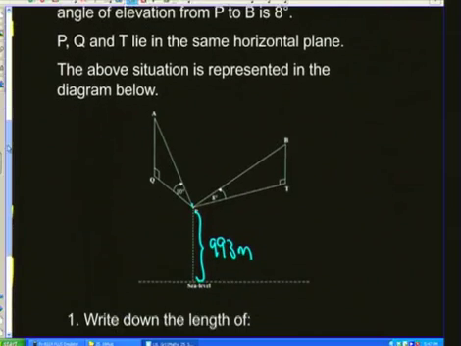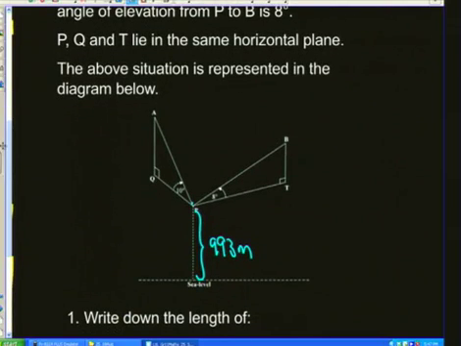So when you're at P, you're going to be looking up at A. So it's almost like if there's a cliff here, then this cliff just goes up above. And you now have to imagine that P, Q, and T lie in the same horizontal plane. So even though we've drawn Q and T just a little bit above that point P, it's to give us some perspective.